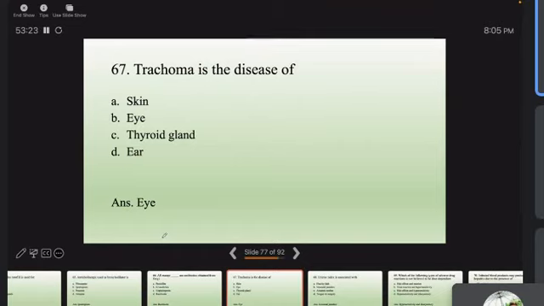So what is trachoma? Is it a bacterial condition or viral condition? It is caused by the bacteria Chlamydia trachomatis.